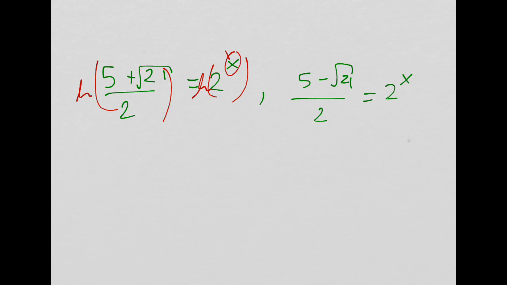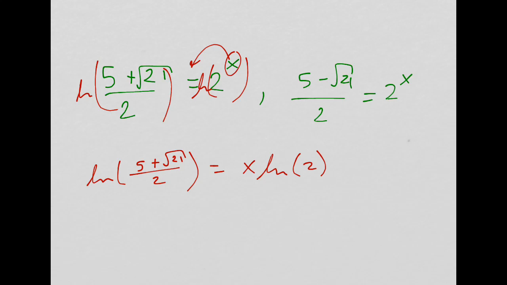So now I can take this, put it down. So I have ln of 5 plus square root of 21 over 2 equals x ln of 2. So I'll divide both sides by ln of 2. So it's not too bad.